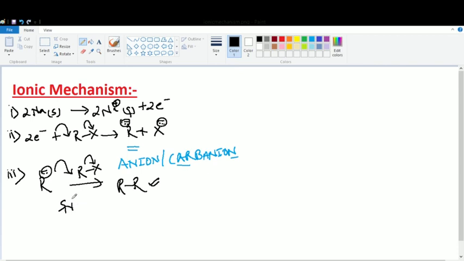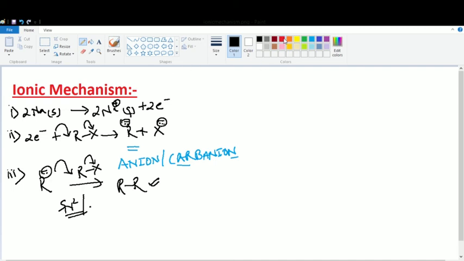So this is happening via the SN2 mechanism. And what is SN2? SN2 is a bimolecular nucleophilic substitution reaction. Why do we call it substitution? Because we are replacing the halide with carbon, the R alkyl group, right?